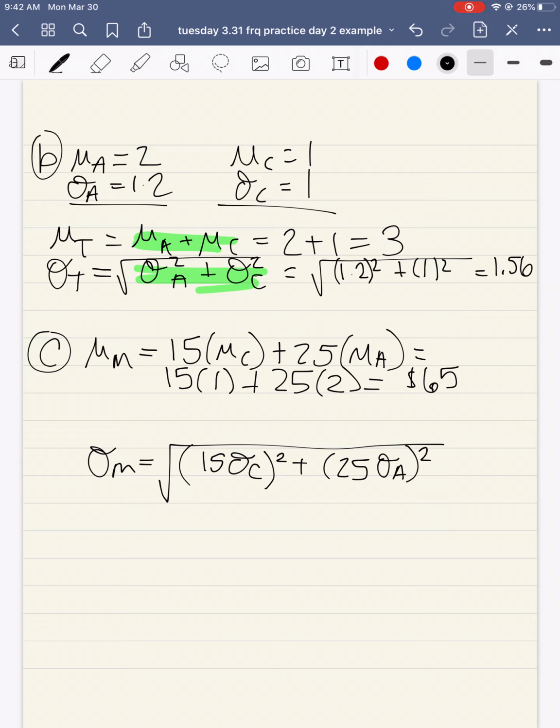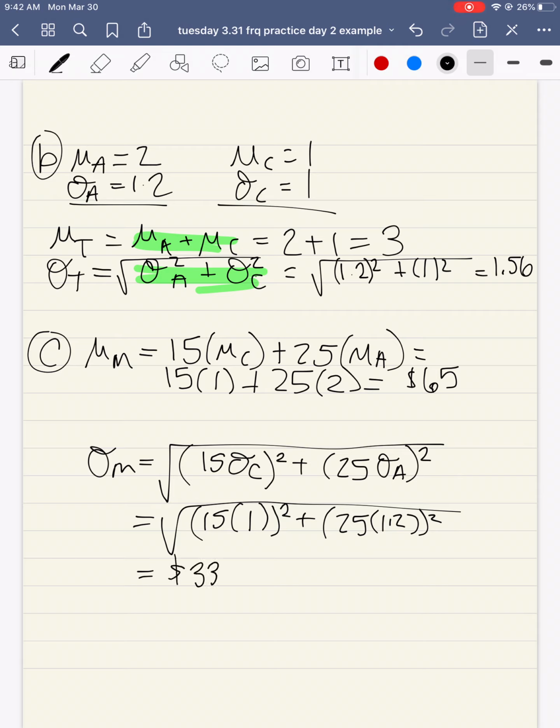It's important to note that the constants here are also being squared, so we need to make sure that we include that. If we calculate this out, we get 15 times 1 quantity squared plus 25 times 1.2 quantity squared. And if I crunch that out, I should get approximately 33.54 as my standard deviation of the money spent.